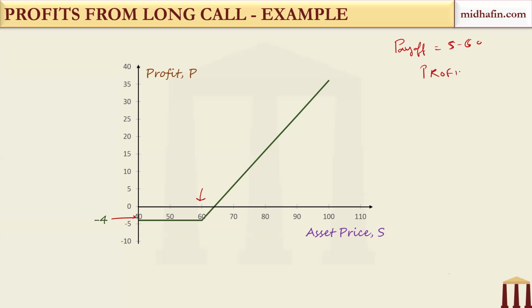So what about profit? Can I write profit as S minus something? But what will that something be? Because to get the profit, you are subtracting the premium from the payoff. So can I say that the profit will be nothing but this payoff minus premium? Agreed or not? Is this correct?